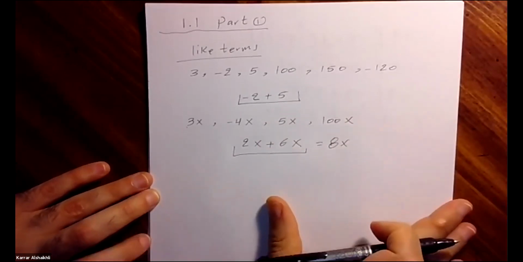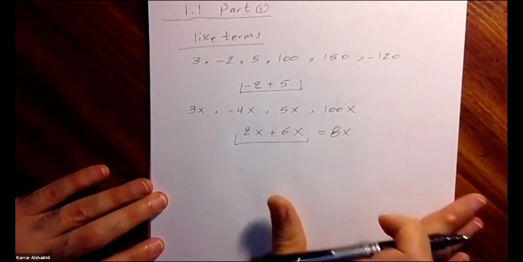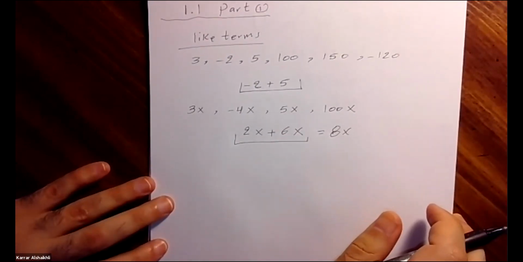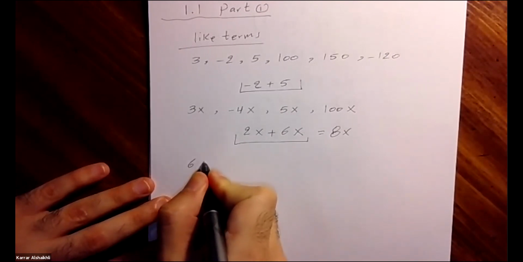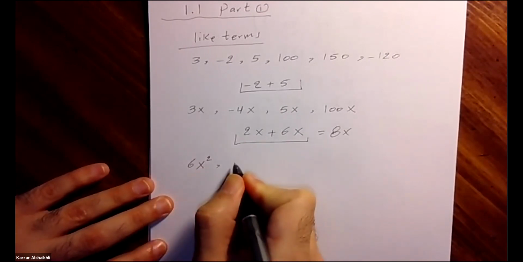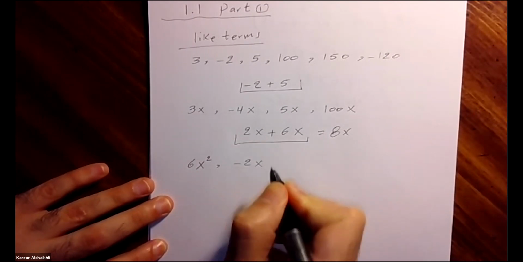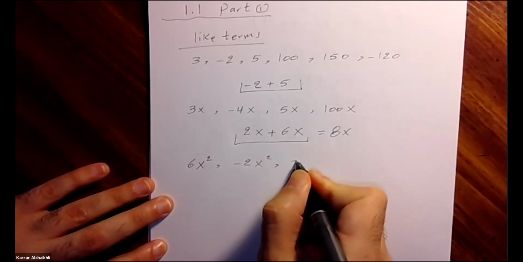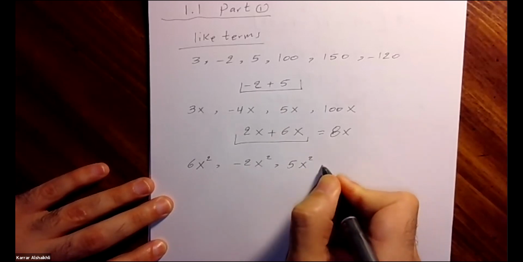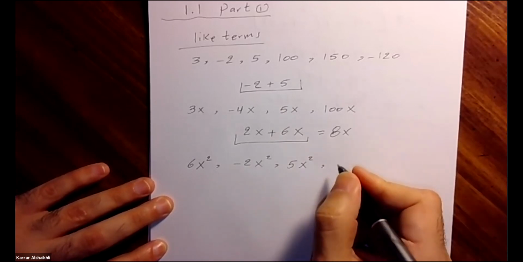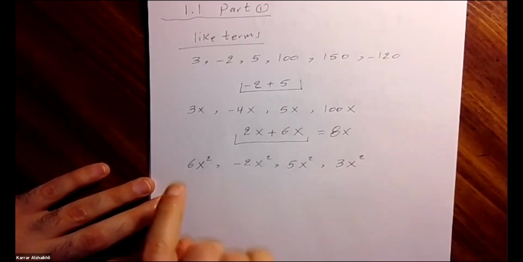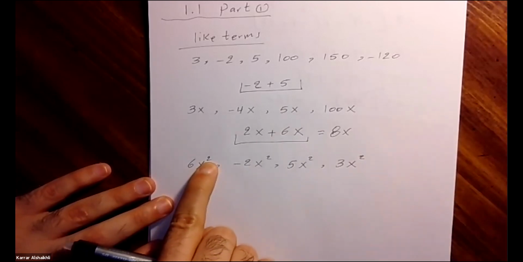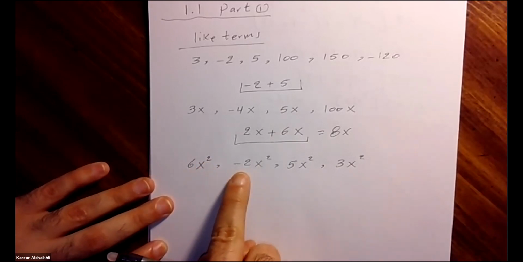Let's take another example about like terms. If we have 6x squared, -2x squared, 5x squared, 3x squared, we have a number with the variable x squared, exactly the same thing.